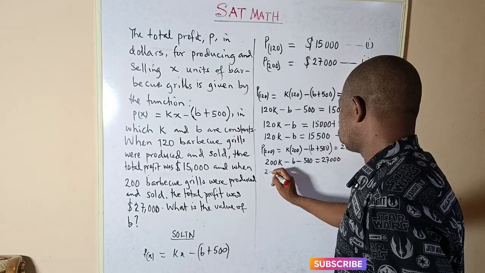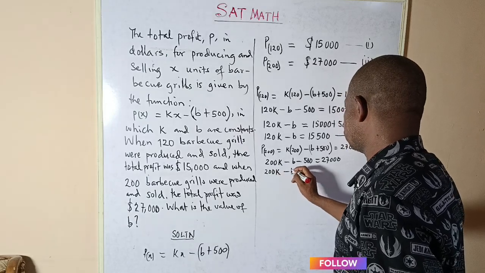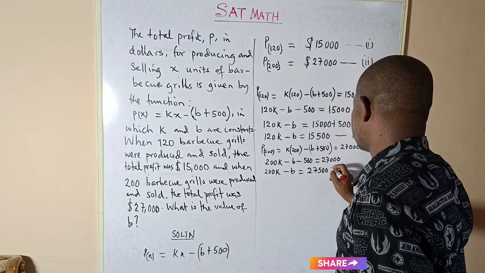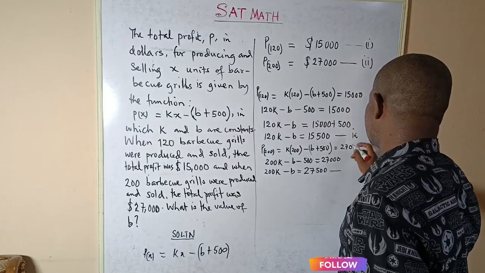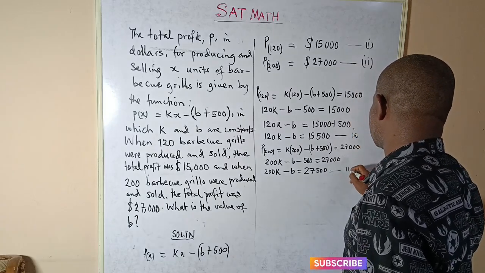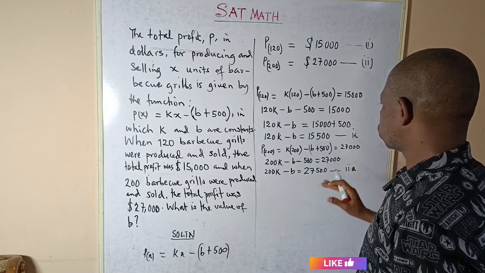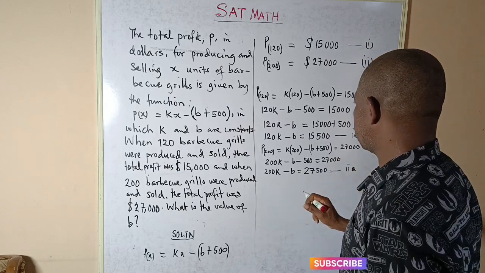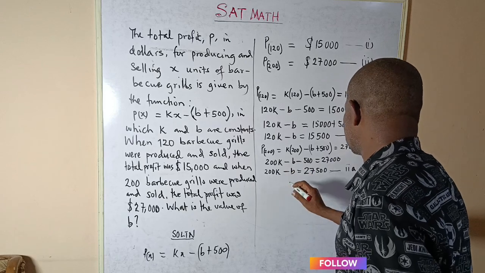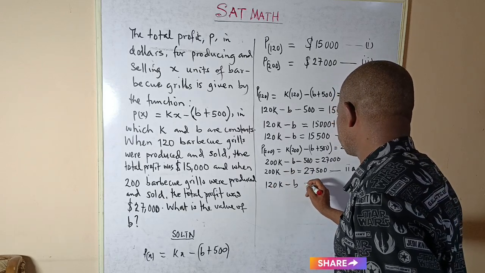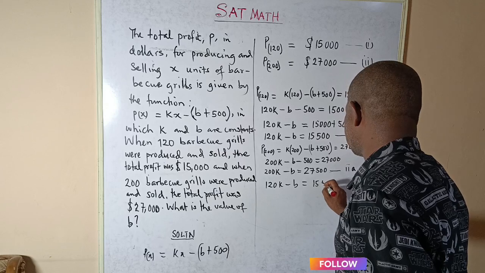This becomes 200K minus B equals 27,500. This is our modified equation 2. So call that 2A. We will bring equations 1A and 2A and solve them together to get the values of our constants. So we have the first, 100K minus B equals 15,500.